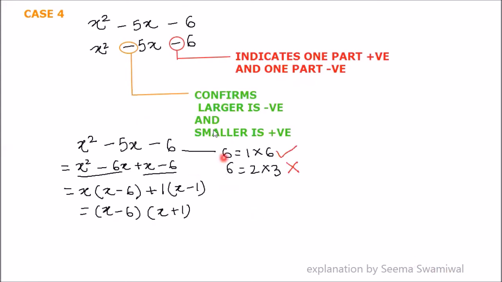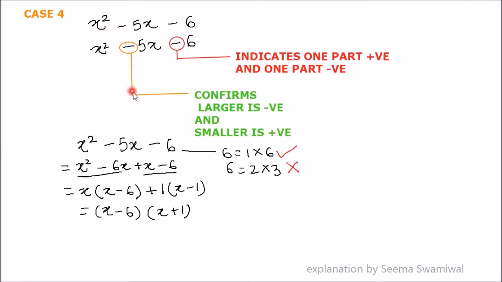Last case, case 4. Again, now we have a negative sign here, but a negative sign is here also. So first of all, we always concentrate upon the last sign. This sign is negative. This indicates that one part will be positive and the other part will be negative. Now what will you do? You will concentrate on this one.